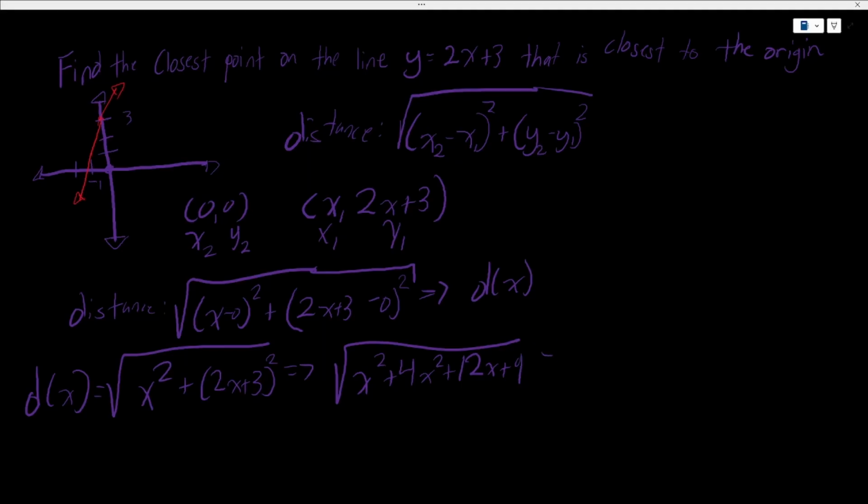And from here, we can combine like terms. We'll have the square root of 5x squared plus 12x plus 9. Now, we're going to have to differentiate this, but we're going to have to use the chain rule.